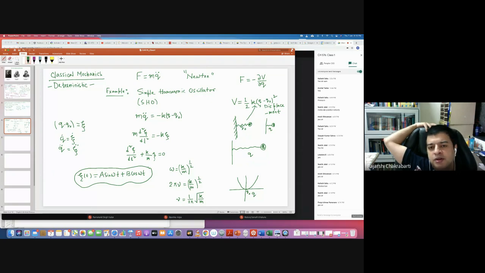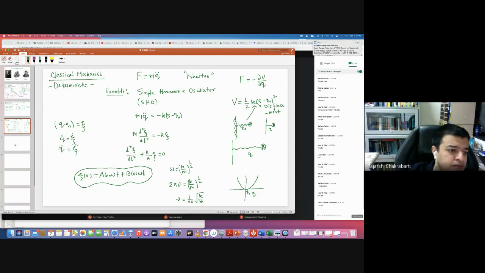Of course, your initial boundary conditions will set the values of the constants A and B. I'm not going into that. When I express A and B, they will be expressed in terms of xi at time 0. So if I know xi at time 0, then I know xi at time t. This is completely deterministic. Is this clear?